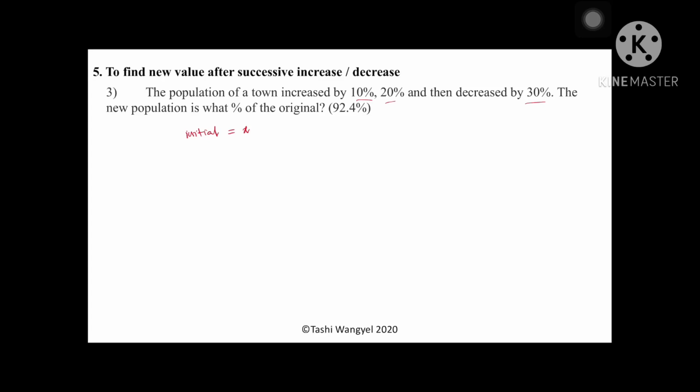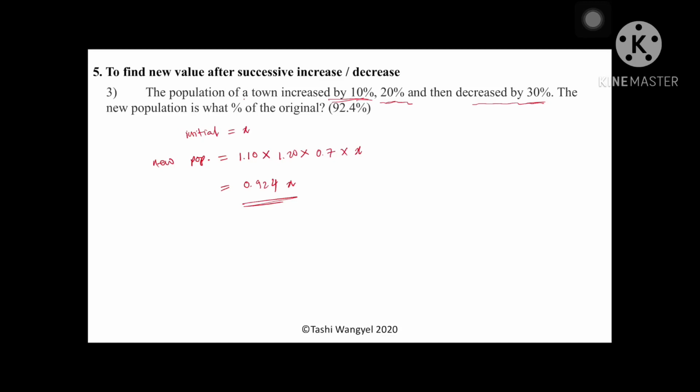The new population, by the short method: a 10% increase is 1.10, then a 20% increase is 1.20, then decreased by 30%, which means 100 minus 30 is 70. 70% means 0.70 of the initial number x. So 1.10 times 1.20 times 0.7 gives 0.924x, the new population.